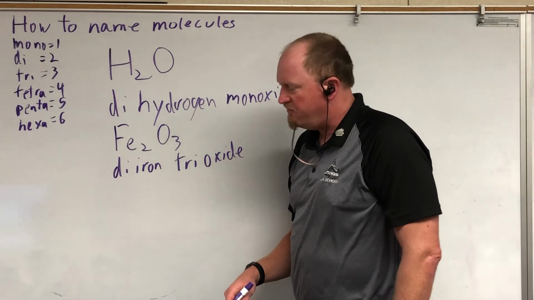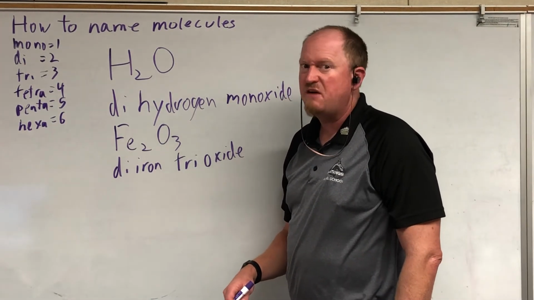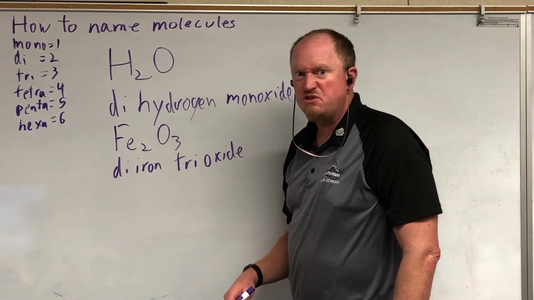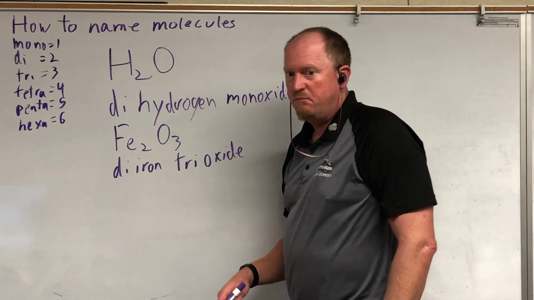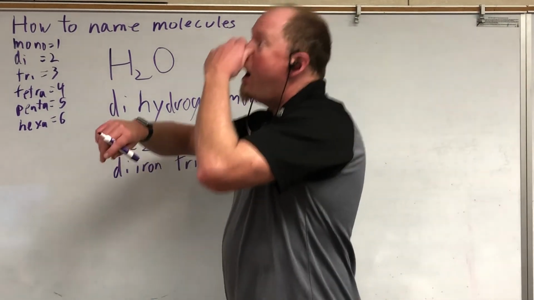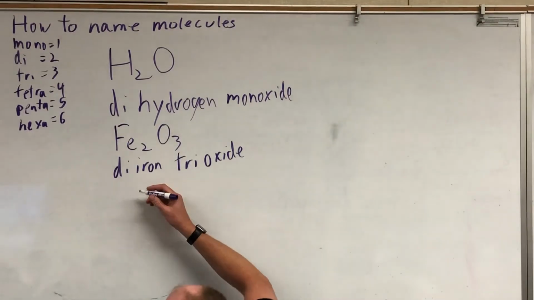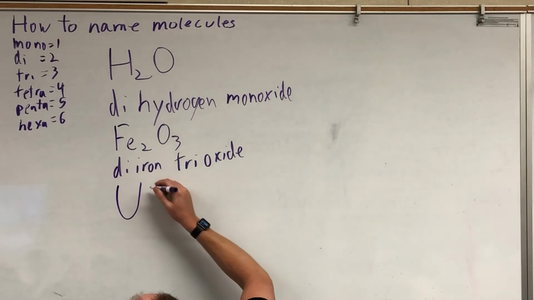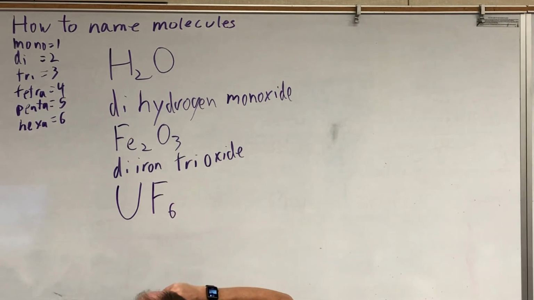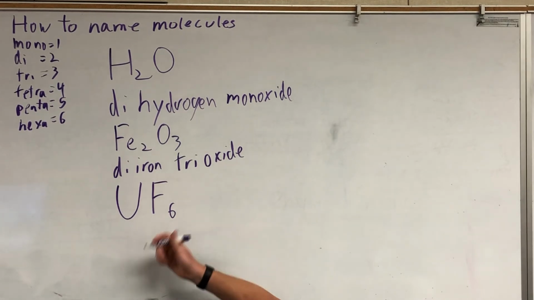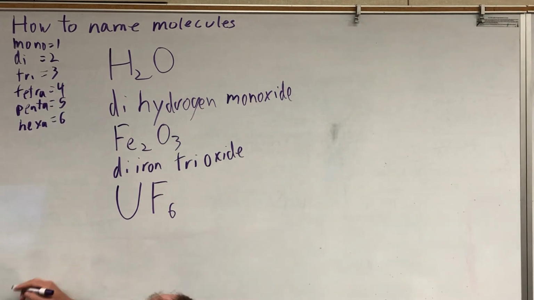I'm going to give you a very bizarre molecule that you almost never run into because it's mostly used for making nuclear weapons. But here we go. UF6. Now, there's only one uranium, so officially we should say monouranium, but if there's only one and you don't say anything, you just assume it's one.